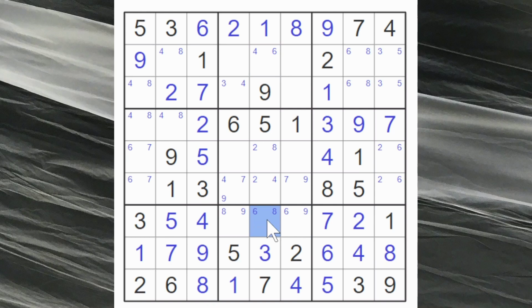And that means that this square has got to be an 8. Let's see if that solves the puzzle for us, because sometimes it's just one chain or one X-wing or whatever that solves a puzzle for us. Let's see, we have 8 blocking up and down and over, so this square must be an 8.